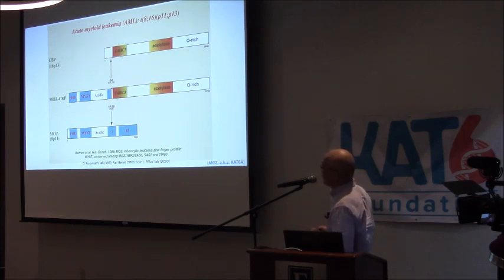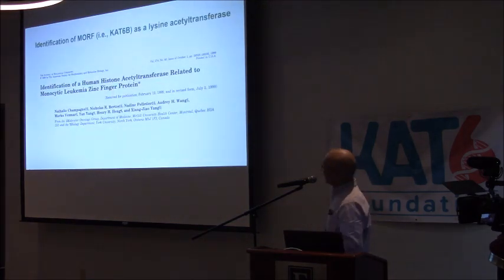So that causes leukemia. At that time, I had a position at McGill and tried to find something to do. One thing we wanted to test was whether this was really an acetyltransferase. And that turned out to be true. We also identified a related protein, done by a former postdoc and two graduate students. This we call MORF, now known as KAT6B.